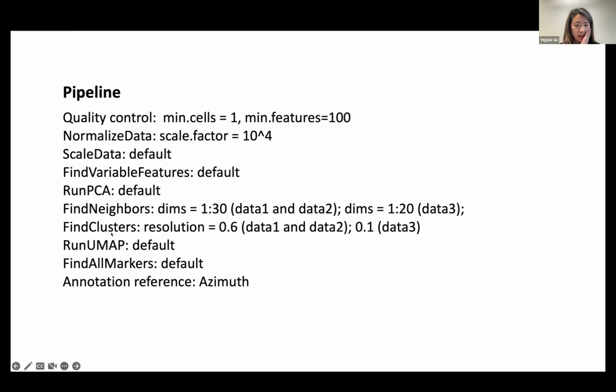For find clusters, I use 0.6 resolution for data 1 and 2, and 0.1 for data 3. For run UMAP and find all markers, I use the default parameters. For cell type annotation, I use a website named Azimuth as a reference for my cell type markers.